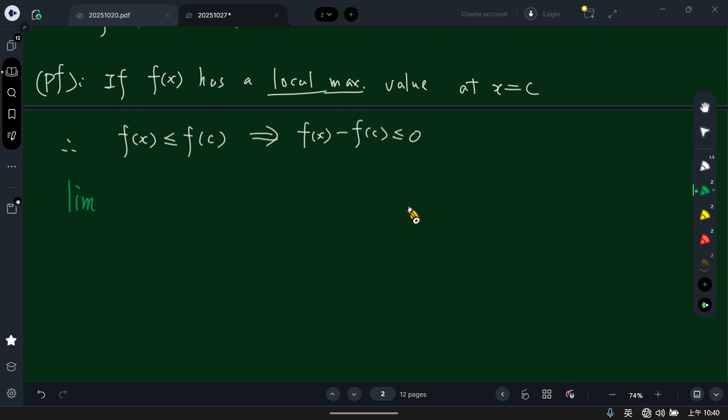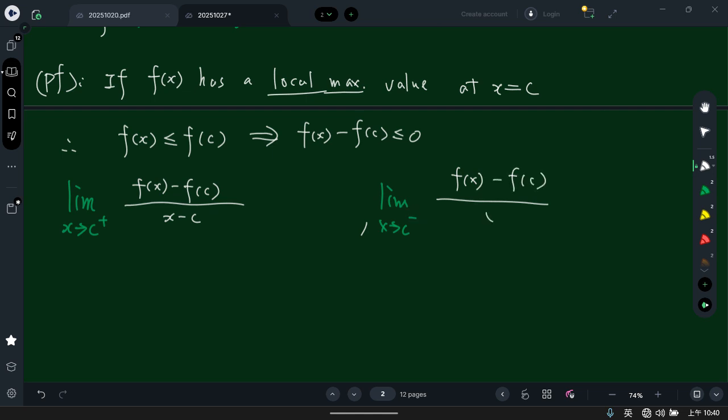Then we can start to consider the limit as x approaches C plus of f of x minus f of C divided by x minus C, and we also consider the limit as x approaches C minus of f of x minus f of C divided by x minus C. What are we doing? We are trying to get the one-sided limits.